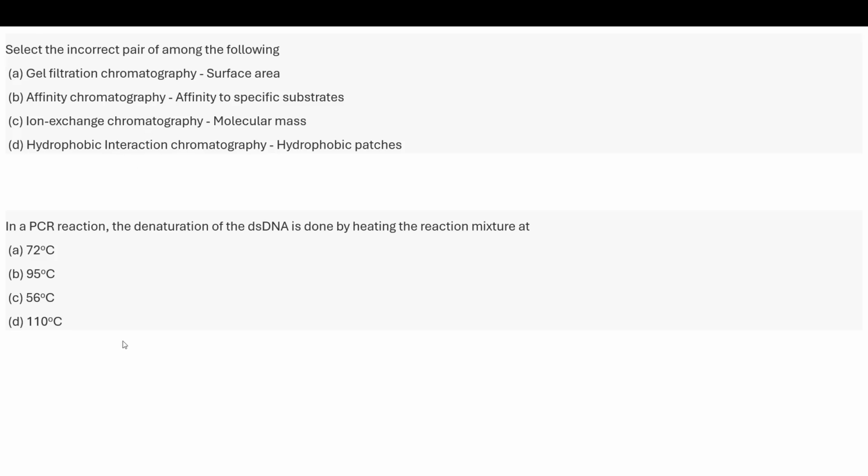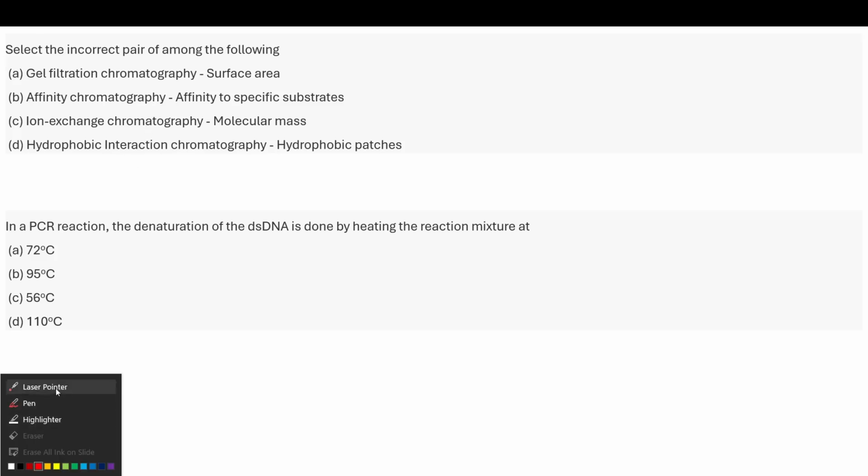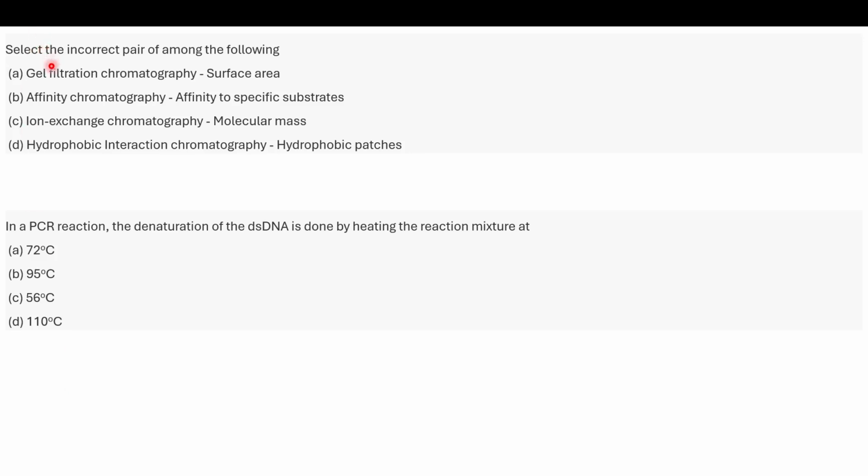Okay. So out of these chromatographic techniques, basically the principle upon which these chromatographic techniques are performed. Which of the following is an incorrect pair?